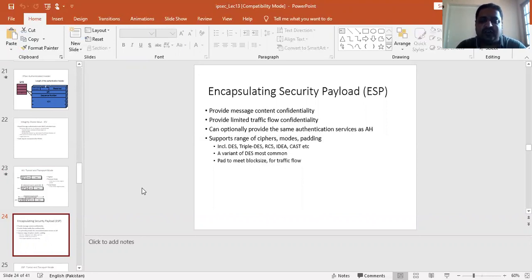It can use different protocols, like the DES algorithm, 3DES algorithm, or other algorithms like the AES algorithm, or if it is using asymmetric encryption or public key encryption, then it can use the RSA algorithm or ECC algorithm. In this way, it provides different security at different layers.